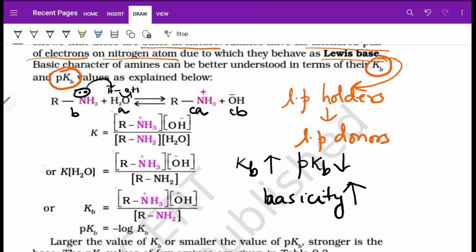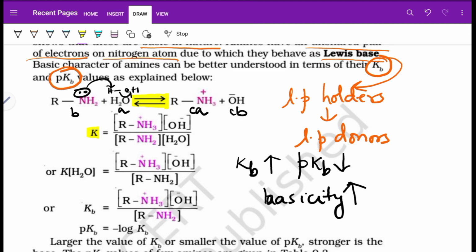Now, the system is in equilibrium, for which I can write K, which is the equilibrium constant, which is equal to the product of the molar concentration of the products divided by the product of the molar concentration of the reactants. That is what is shown here.